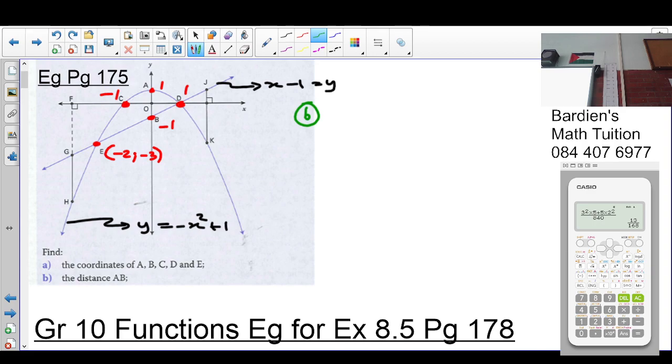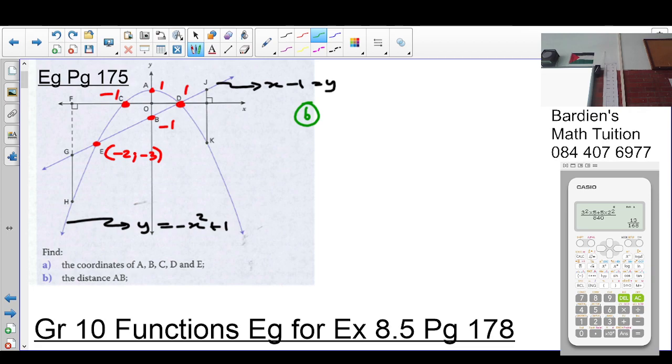With distance, the distance formula, not so? You can use the distance formula, you can. But if the line segment you want to calculate is parallel to your x-axis, subtract the two y values. If it's parallel to your y-axis, you subtract the two x values.